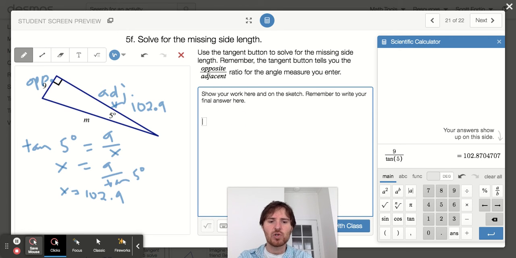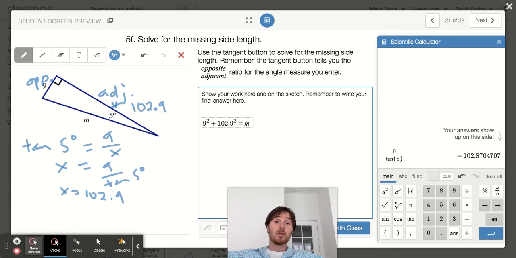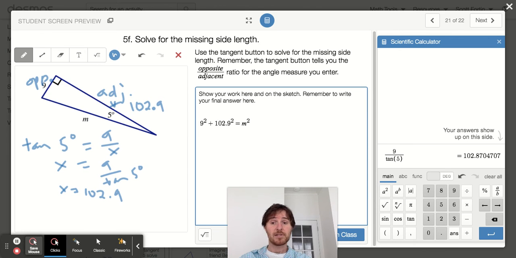Well, I know the sum of the squares, okay, 9 squared plus 102.9 squared would equal m squared. Oh, lowercase. It was lowercase in the diagram. Why is it doing uppercase there? There we go, m squared. There you have it, okay? So we can use Pythagorean theorem to help get us there. So 9 squared, we can do that in our heads, right?